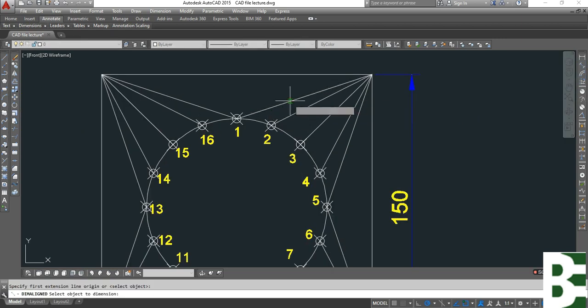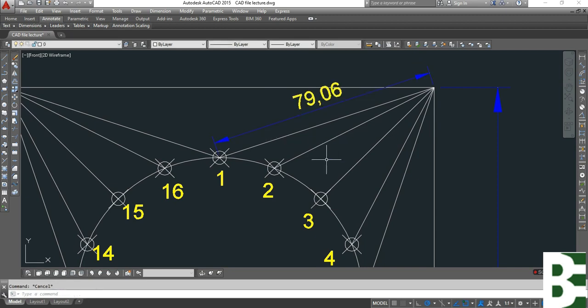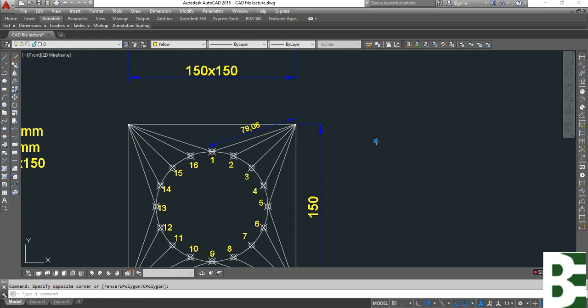The square and the circle both have the same center. This is my number 1 and this one is number 2. I will make a chart for this detail. This is my table. I will mention here 79.06.